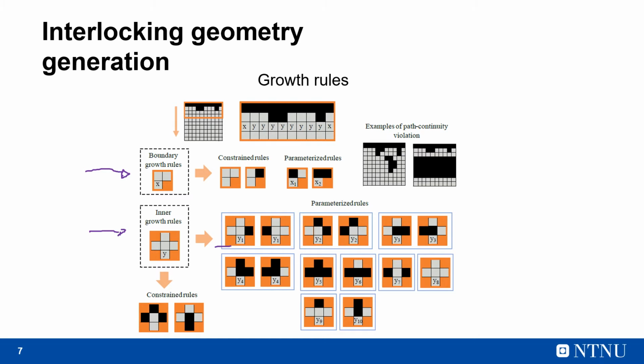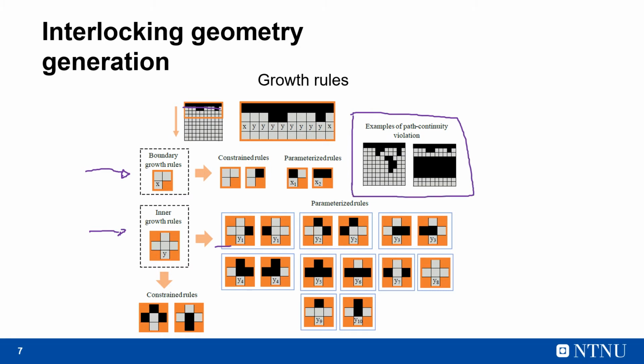And so, therefore, for each permutation of the second row, we have every possible rule applied, and the ones which satisfy our constraints are taken as geometries for the database.